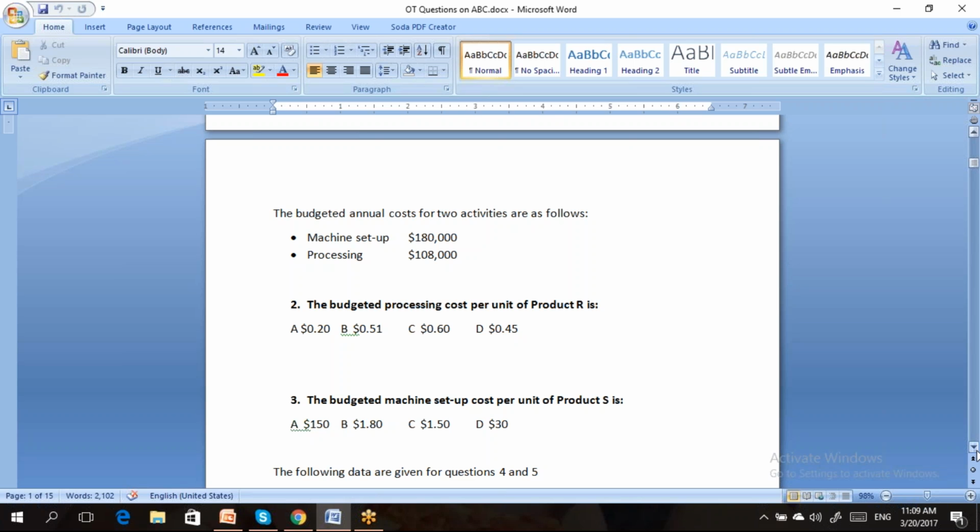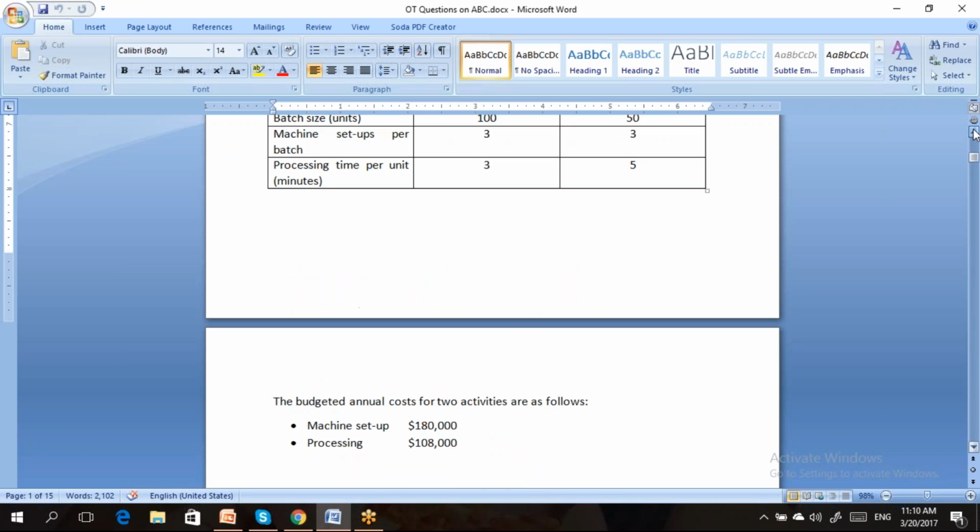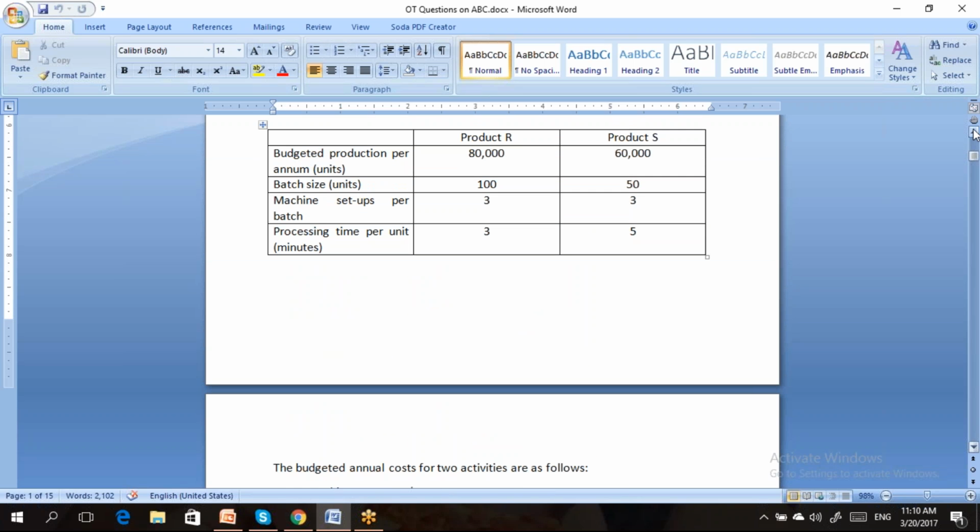Now can you see the total machine setups for both the products? That 180,000 is incurred for both the products. So can you see how much machine setup for both the products in this table?